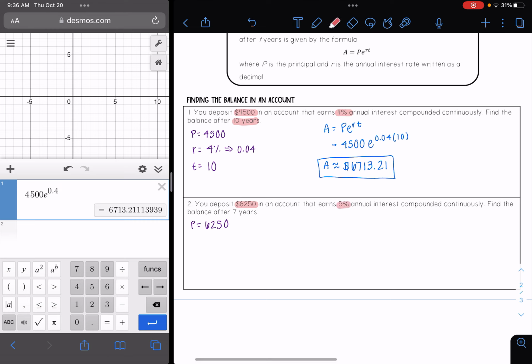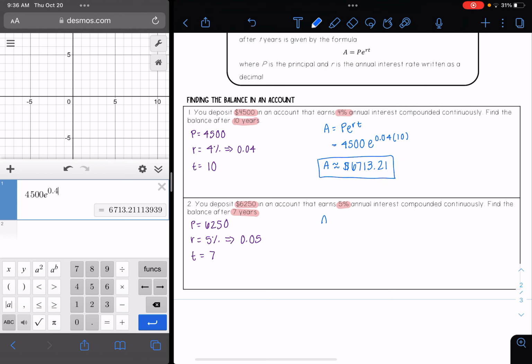It's earning 5% annual interest rate, so r is equal to 5%, but if I rewrite that as a decimal, I get 0.05. And I want to find the balance after 7 years, so t is equal to 7.